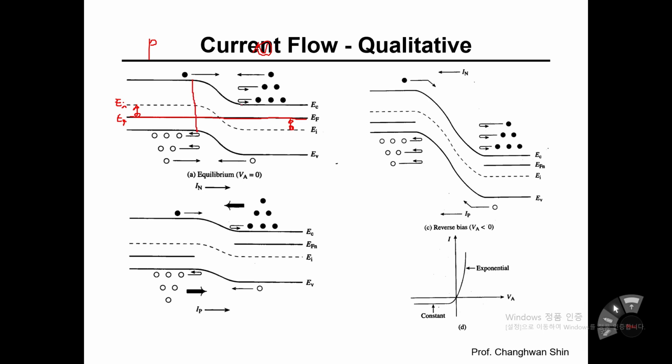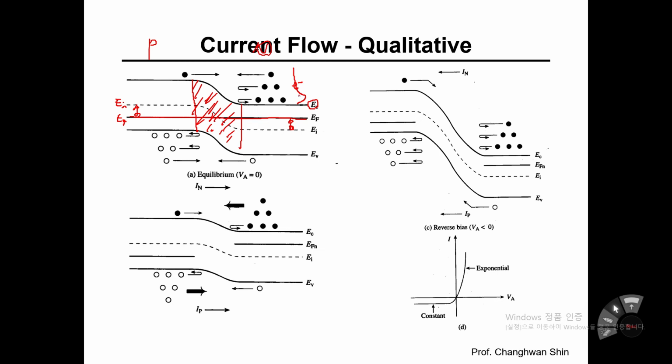So here you can see that the depletion layer has been well formed. The majority carriers in the N side are electrons, right? Most of the electrons exist near the conduction band edge, as we have learned by following the Fermi-Dirac distribution.